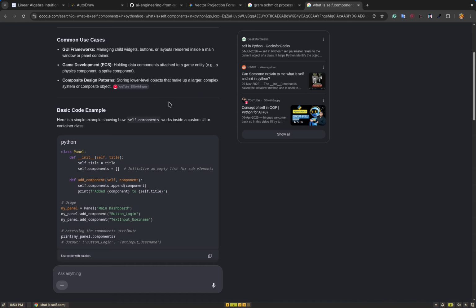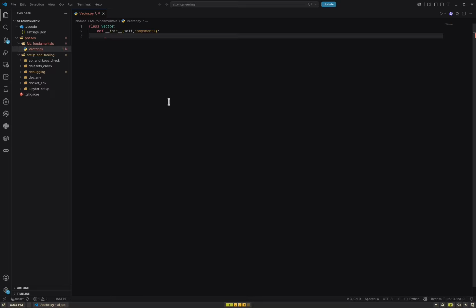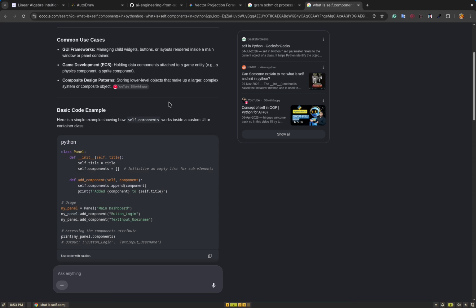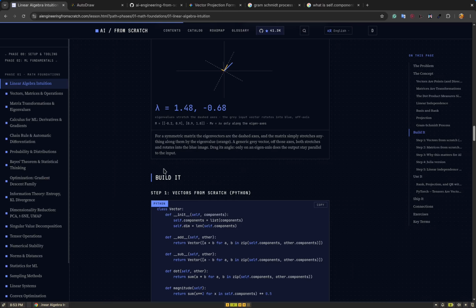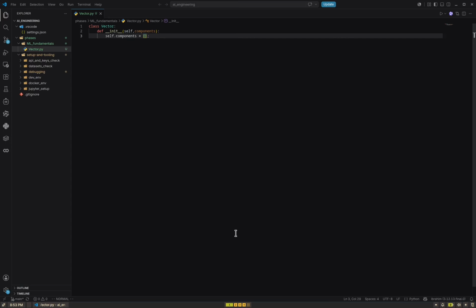Oh, so this is like self.x is equal to something. This self.components is equal to this or something. How did they do it? So they did it by self.components is equal to list of components. What am I doing?